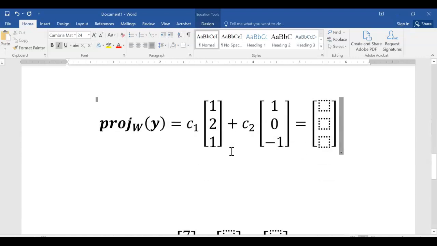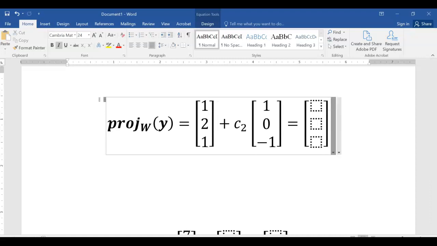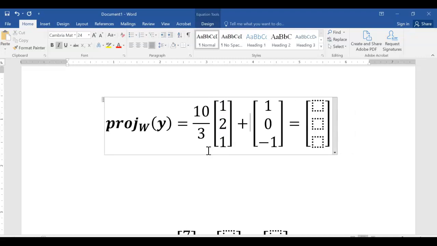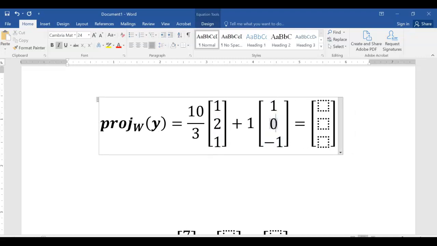Now, remember the projection is coefficient times this vector. We found that coefficient to be 10/3, plus coefficient times that vector. We found that coefficient to be 1. And basically, I just need to add these two things together. 10/3 times 1 plus 1 times 1 gives me either 4 1/3 or 13 over 3.